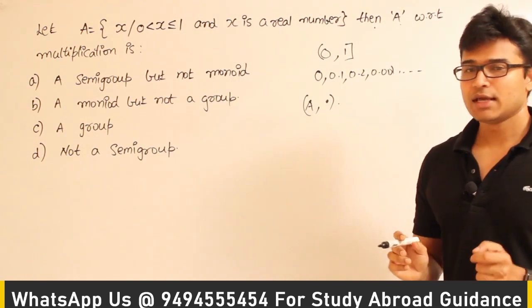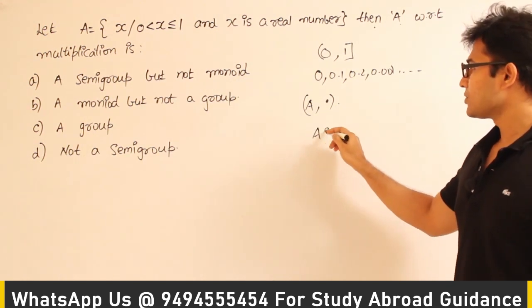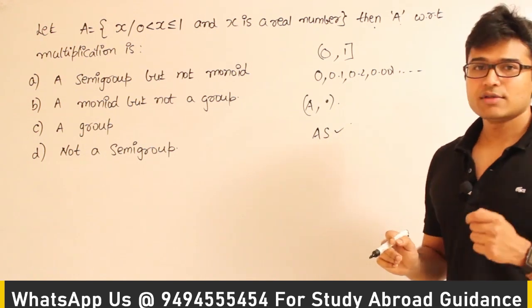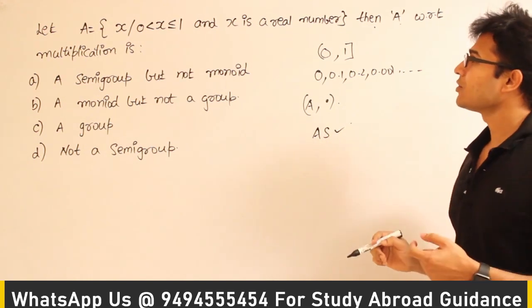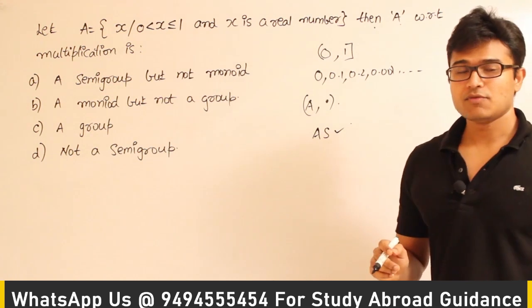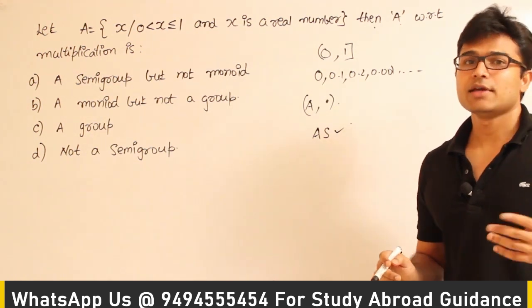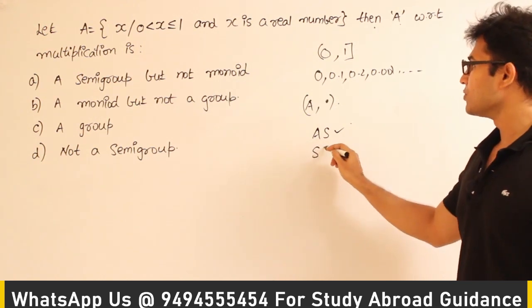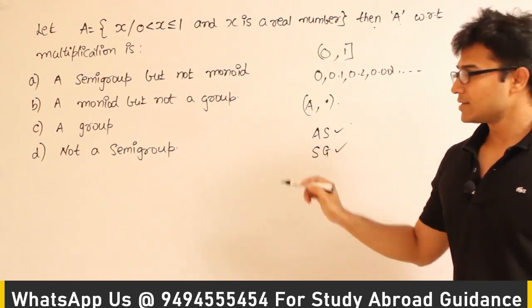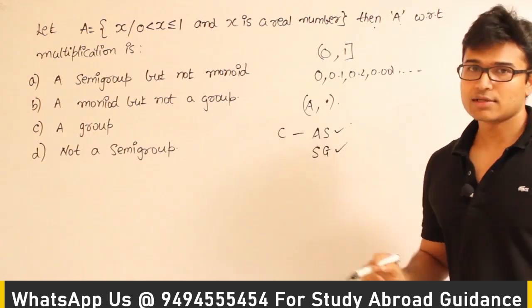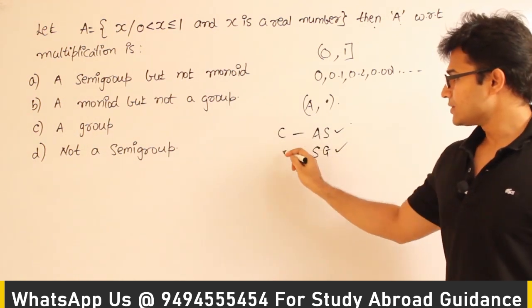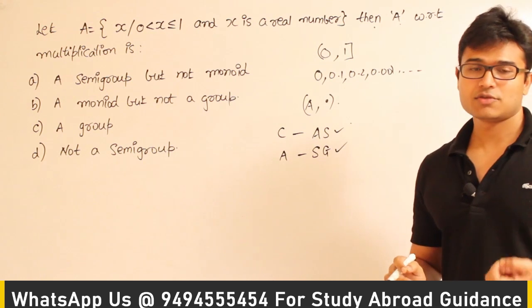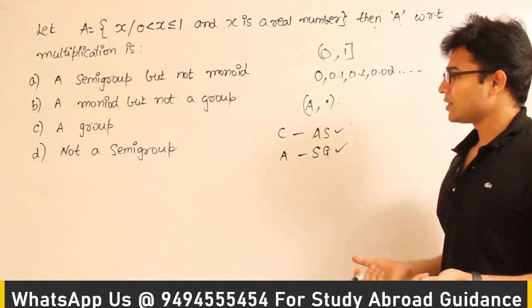Therefore it is closed, and so it is an algebraic structure. Fine. And now the second one: we are talking about multiplication, and we know that multiplication over any kind of numbers is associative, so it is definitely a semigroup. Since it is closed, it is an algebraic structure, and since the operation is associative over the set, it is nothing but a semigroup.